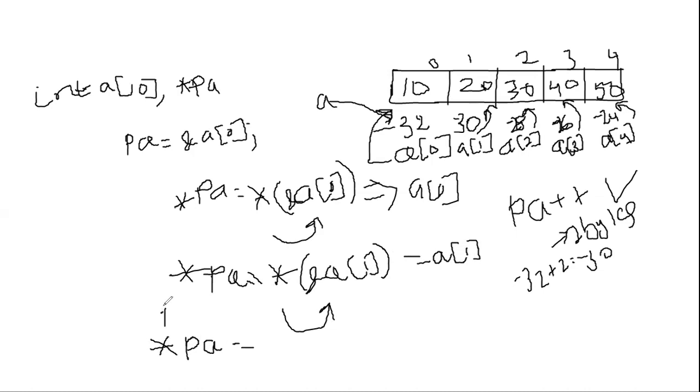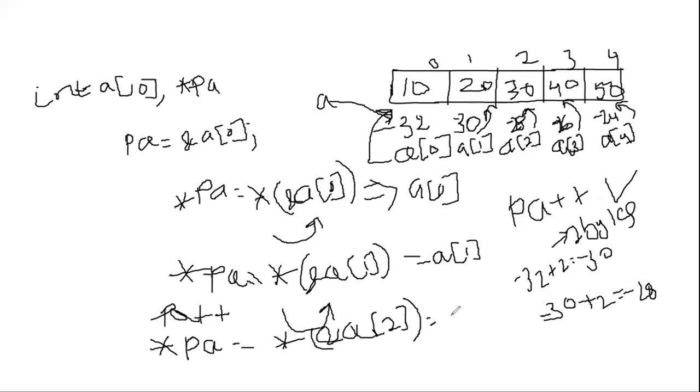When you increment the pointer variable again, PA plus plus, automatically minus 30 plus 2 is minus 28. So PA can store the address of the third memory location, a of 2. So you will get a of 2.